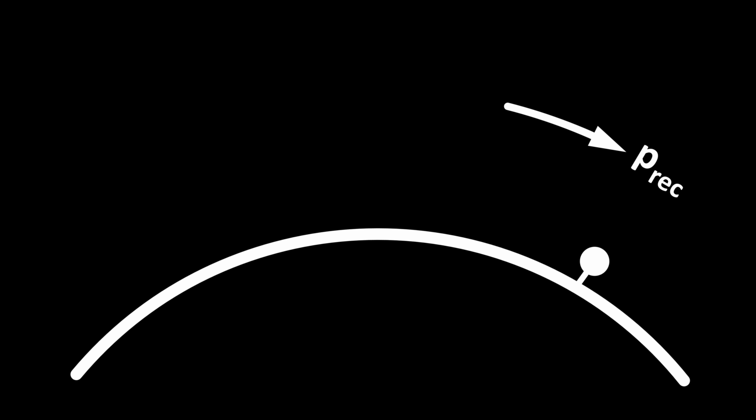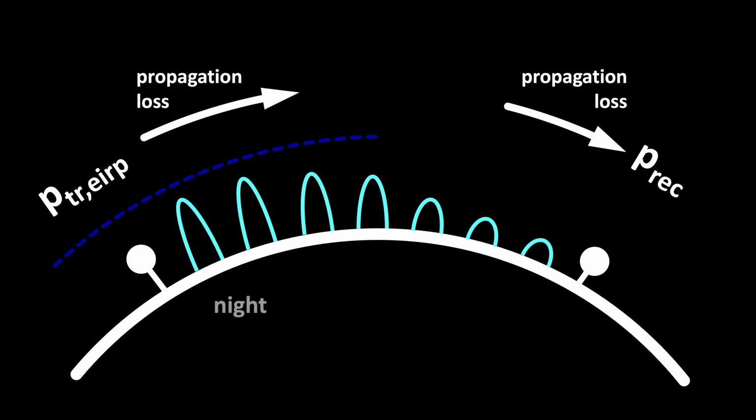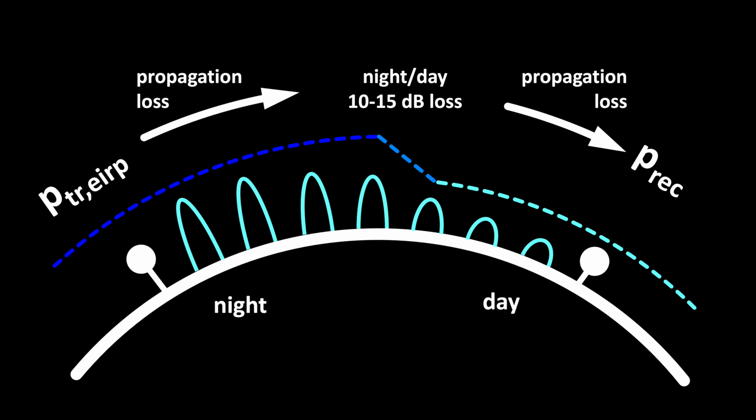Consider P_rec as the received level of a signal, transmitted with an effective isotropic radiated power, P_TR EIRP. Along its way, the signal is reduced by a certain propagation loss. During daytime, reflecting layers in the ionosphere are lower than during nighttime, causing additional signal loss at transition.